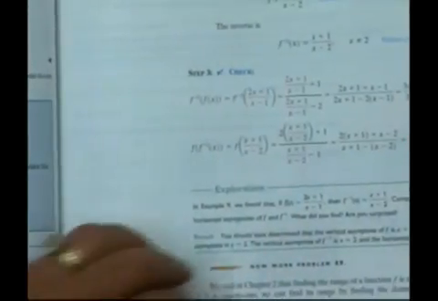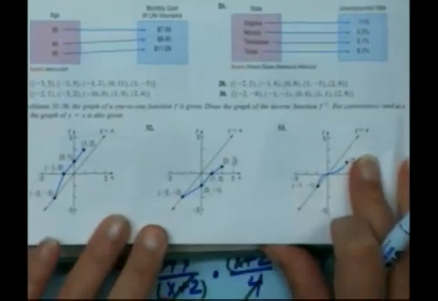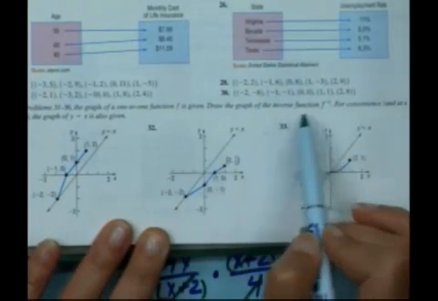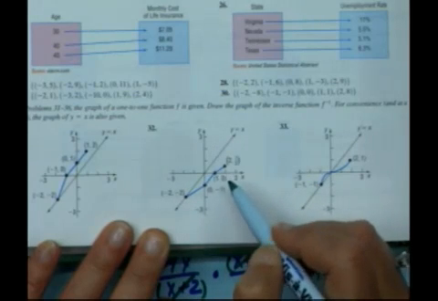Okay, and I think that is it, except that we do want to do one graph. So let's just do one in my book together. We'll pick number 32. We want to graph the inverse of this function. All right, so I'll just use a green pen.